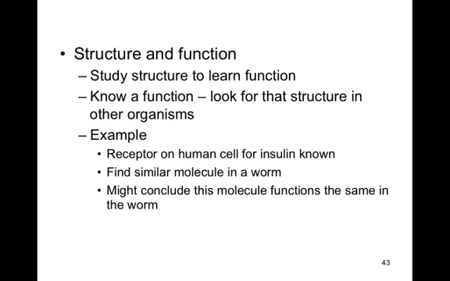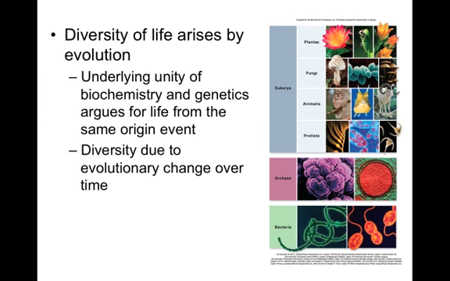For example, if we know the receptor on a human cell for insulin and its shape, and we find a similar molecule in the cell membranes of a worm, we might be able to conclude that this molecule functions in a similar way and establish some evolutionary relationships between glucose utilization in worms and humans.